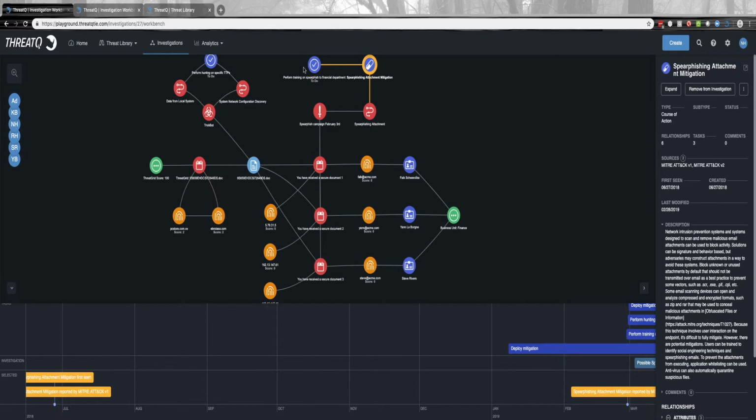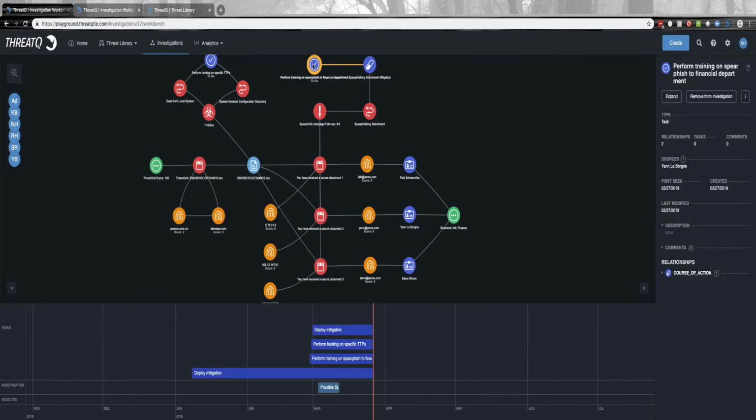So we want to create a task, which is to perform training on spear phishing with that financial department. Try to get them up to speed, let them start to understand, to be a little bit more discerning when looking at emails and not just opening everything that comes in that says it's, say, for example, a proposal or a PO or anything along those lines within finance itself. So that's the human way of addressing it.